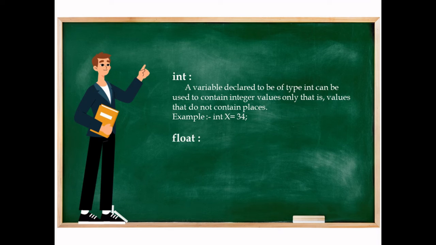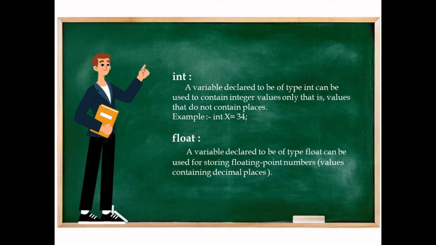Now let us study the next data type, that is float. A variable declared of type float can be used for storing floating point numbers. That is, these values contain decimal places. The keyword float is used to declare the data type of a variable. Float is quite similar to the double data type.